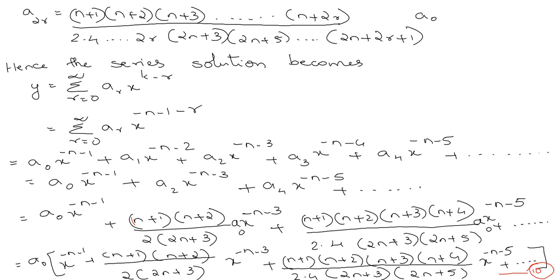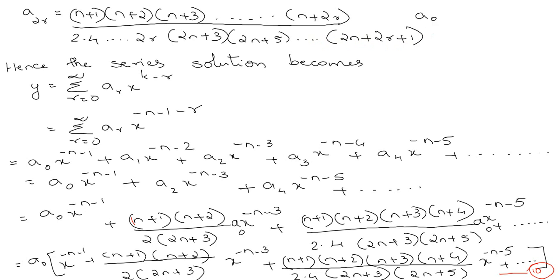So we can write the general term a2r, which is n plus 1 into n plus 2 into n plus 3 etc. n plus 2r, the whole thing divided by 2 into 4 into etc. 2r into 2n plus 3 into 2n plus 5 into etc. 2n plus 2r plus 1 into a0.